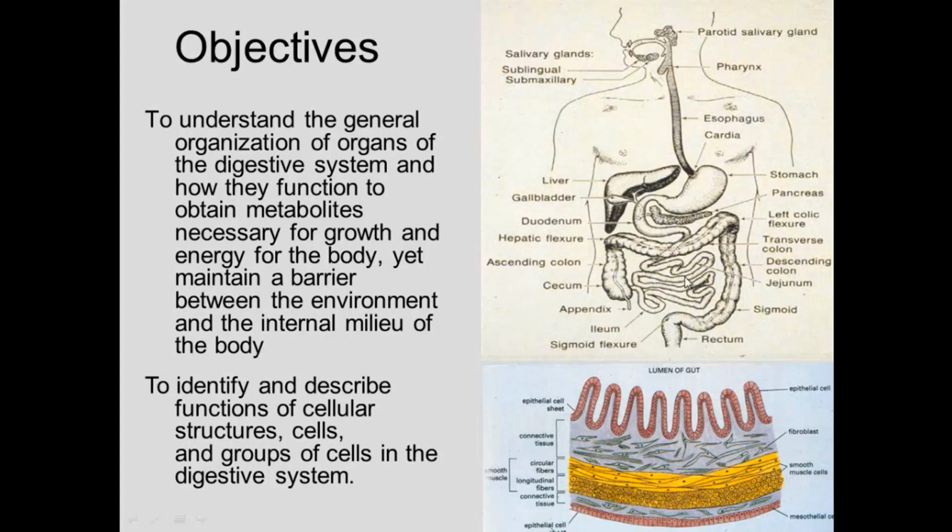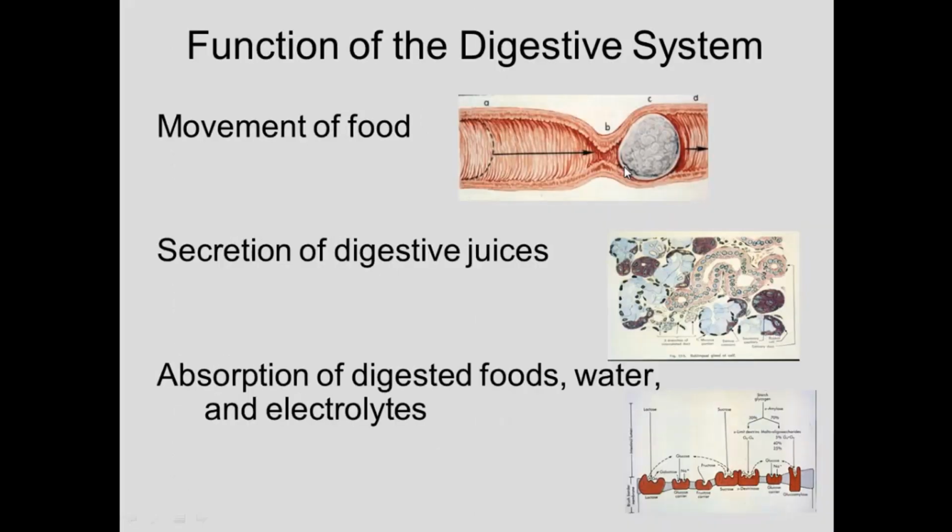Lining this tube is mesothelium on the outside, and epithelium on the inside, which is the absorptive cells in the gut, or maybe the stratified squamous epithelial cells that we see in the esophagus or oral cavity. Now, the function of the digestive tract is threefold.